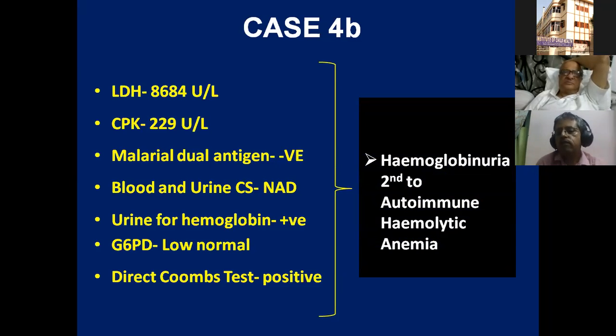So practically what this child had was an autoimmune hemolytic anemia, from which the child had hemoglobinuria and then had a pigment nephrotoxicity. So the hemoglobin is toxic to the kidney, and what it requires is primarily conservative management.